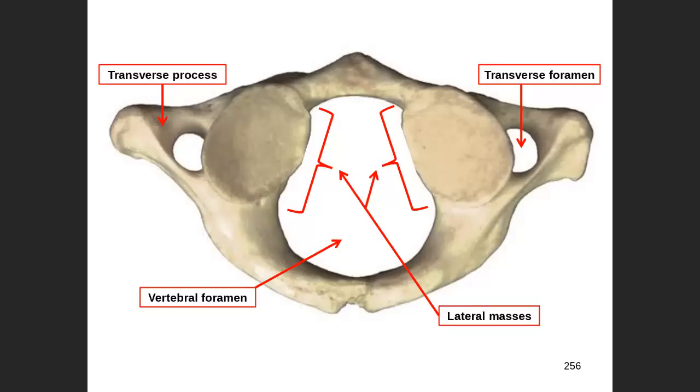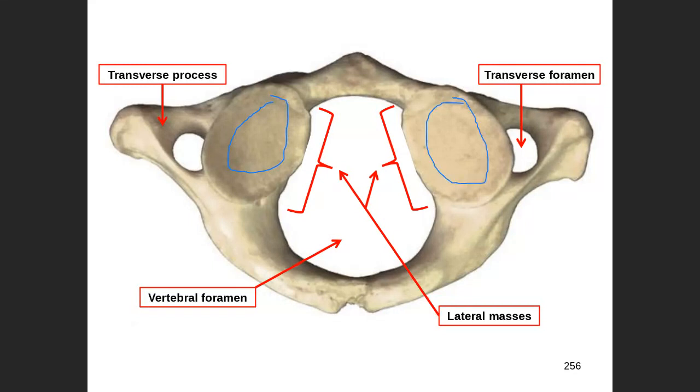So take a look. Here you can see these structures right here. These are the lateral masses. I know someone's going to do this, but I'm going to say it anyways, do not call them the superior articulating process. That's not what they're called. They are called the lateral masses. And your occipital condyles sit in them. Here and here.